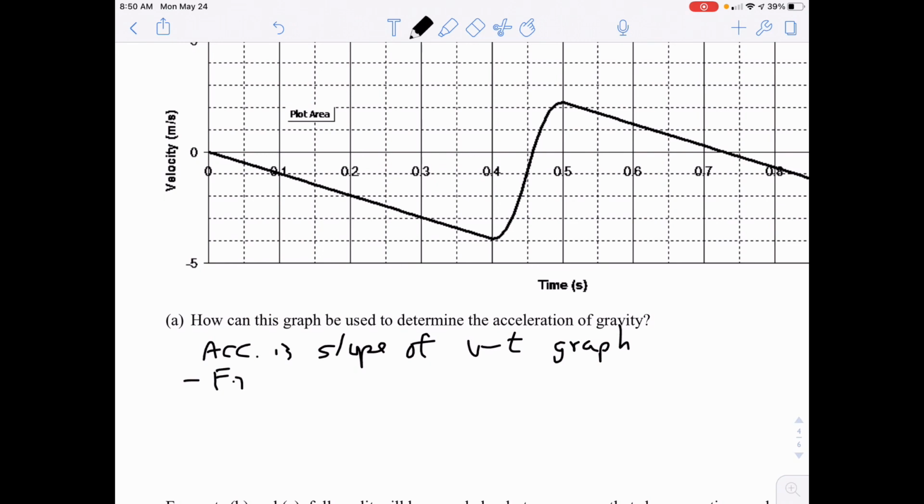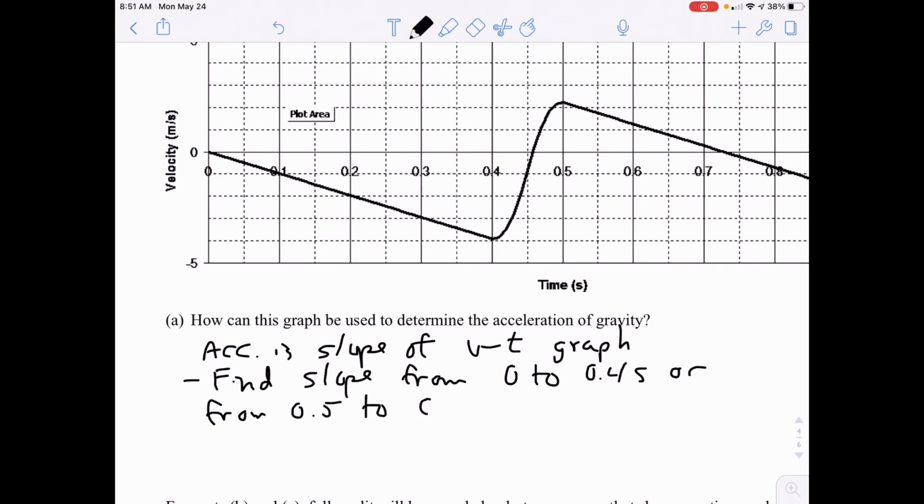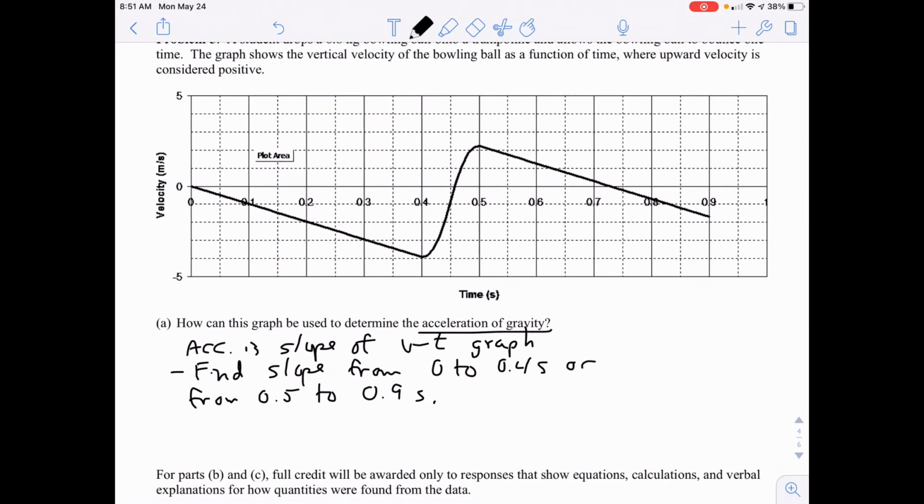We'll find the slope from 0 to 0.4 seconds, that downward slope right there, or from 0.5 to 0.9 seconds. Either way, you'll get a slope of approximately -10 meters per second squared, right? The approximation of the acceleration due to gravity.